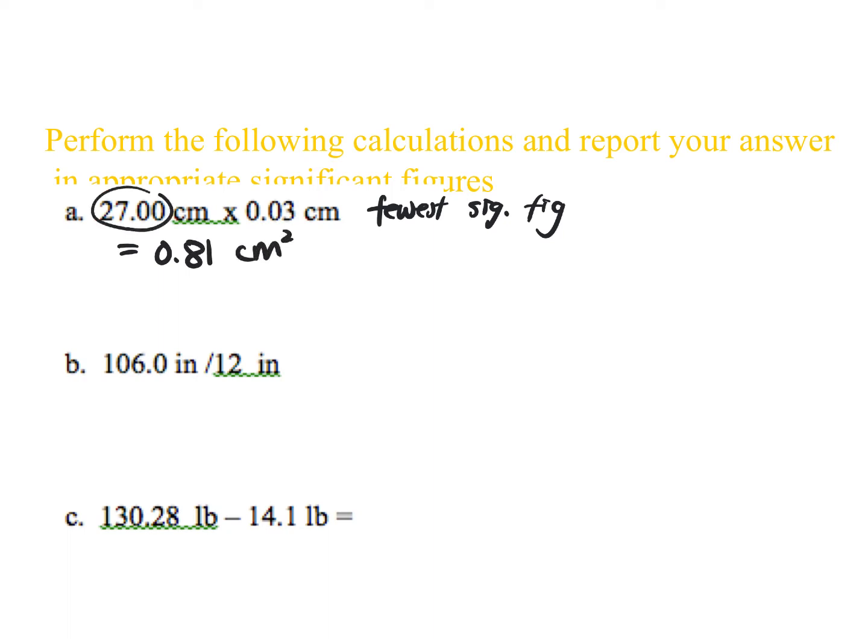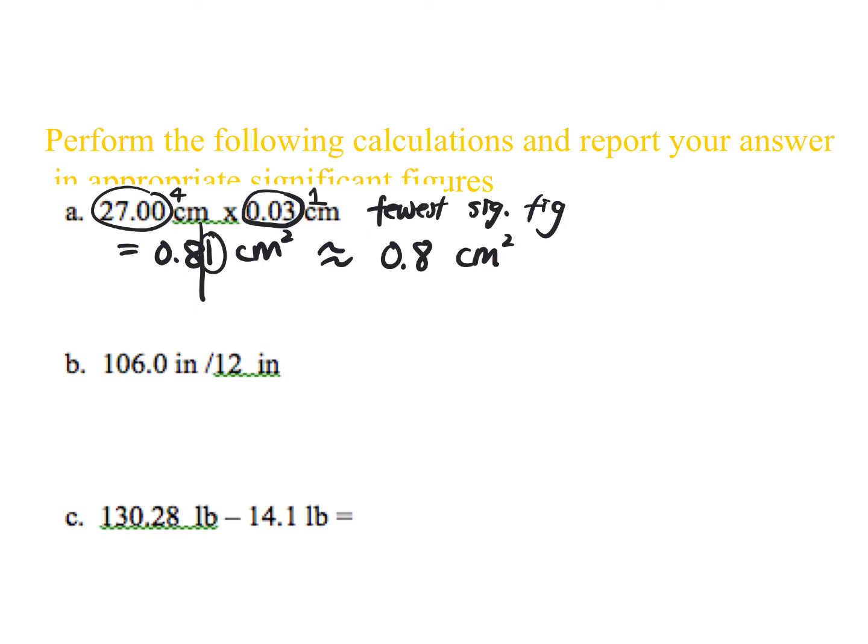This one has 4 sig figs. This one has how many? Right, 1 sig fig. So I have to round this to 1 sig fig, which is here. So I look at the one behind it, and I don't round up, so 0.8 centimeters squared.